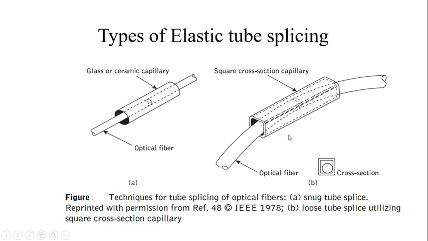It uses an oversized metallic capillary of square cross section. So observe it is a square cross section shape, oversized compared to snug tube splicing. The size is a little bit more, and the shape of the capillary is a square cross section.